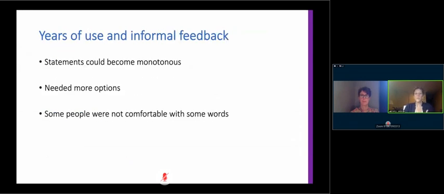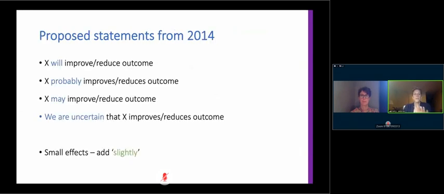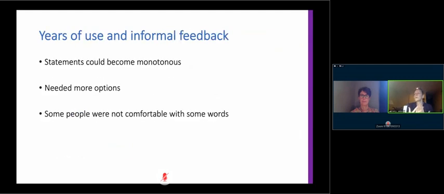But when we did our testing, these were well understood by consumers and lay audiences, by guideline developers, etc. So they were well received and well understood. It's just that authors wanted more choices when they were communicating their results.